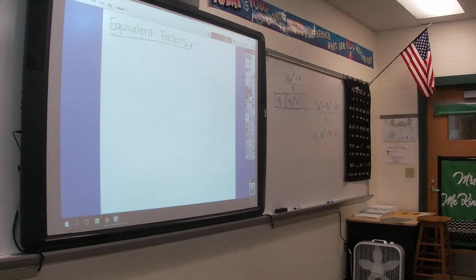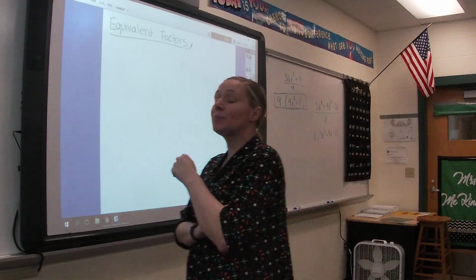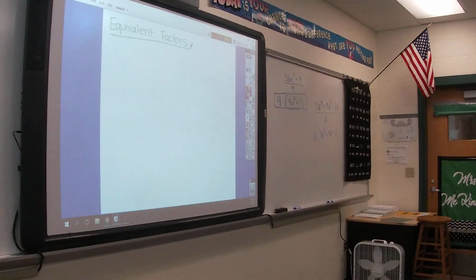So we're going to be looking for different ways we can multiply pieces and get an equivalent number. So if we're looking at 60, just like when we've been factoring trinomials, 1 and 60 is equivalent to 2 and 30, which is equivalent to 3 times 20, which is equivalent to 4 times 15. All of those are equivalent. They are all different ways that we can write 60.